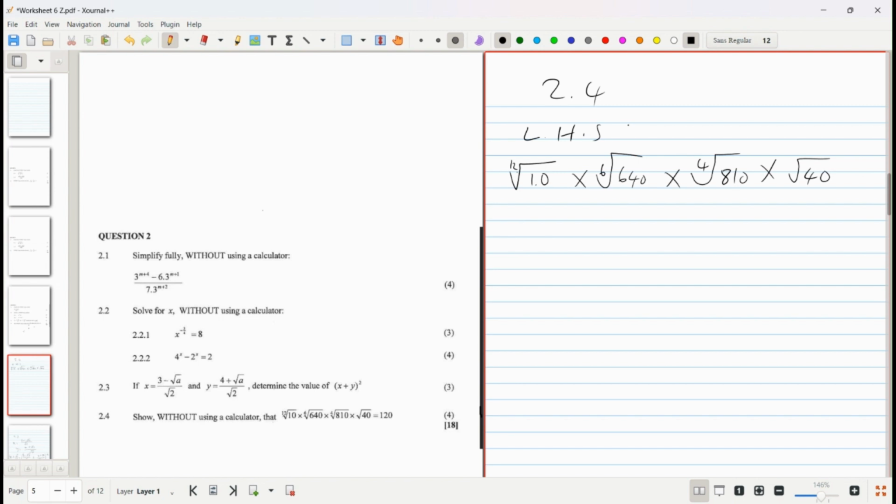Can we write all these numbers here in terms of 10? Yes, we can. So let's write it in terms of 10.